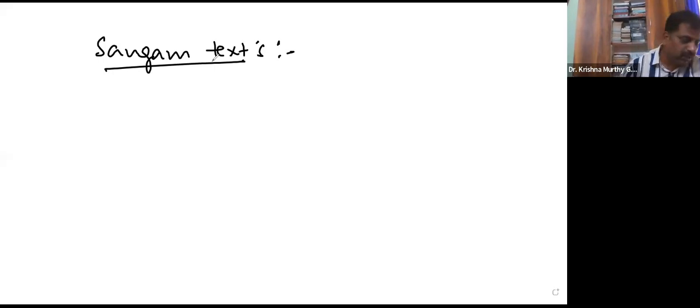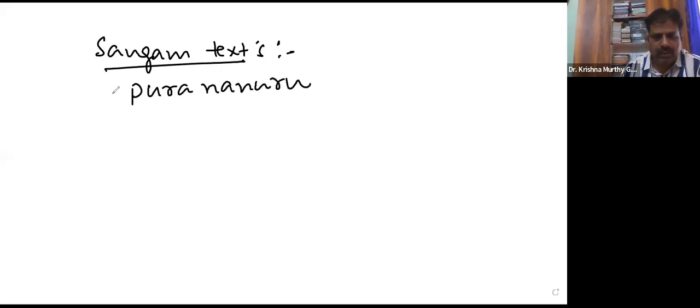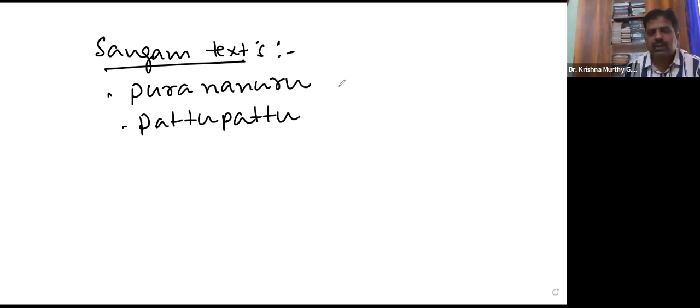Even such Sangam texts mention the significance of the music of this period. Particularly among these, the first one is Purananuru, the first major text, and Pattuppattu.